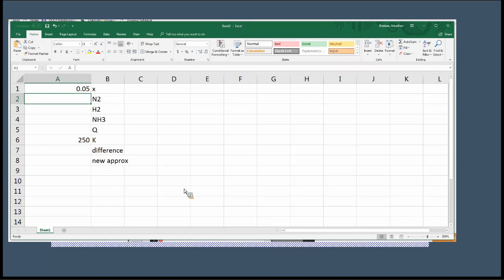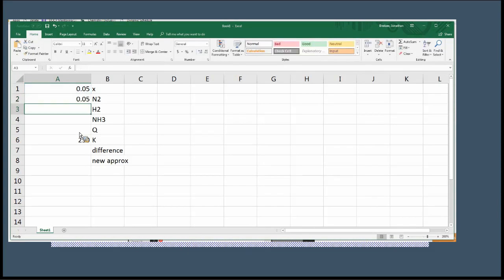Now I calculate the concentration of nitrogen. The concentration of nitrogen equals 0.1, don't forget to put an equal sign at the beginning of the formula. 0.1 minus, and then for x I just click on the number or type in A1.